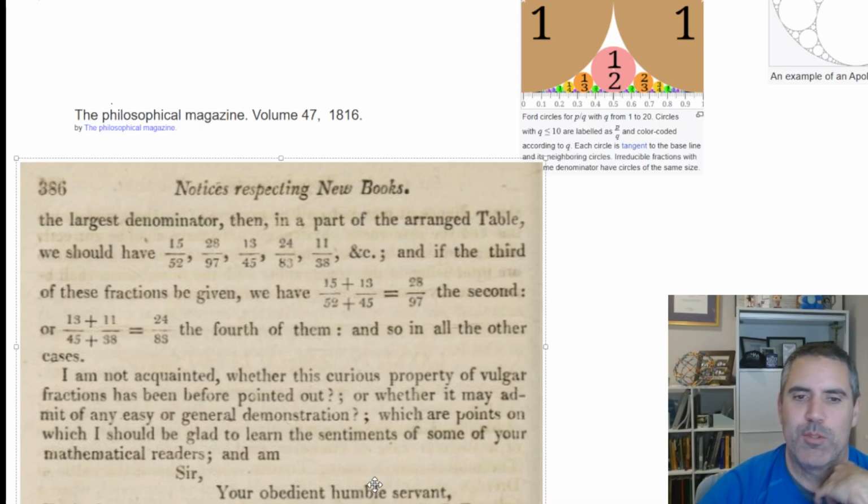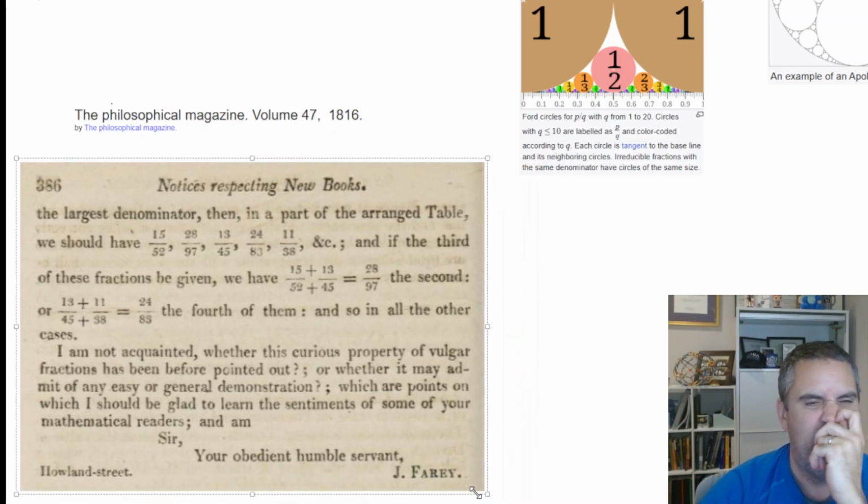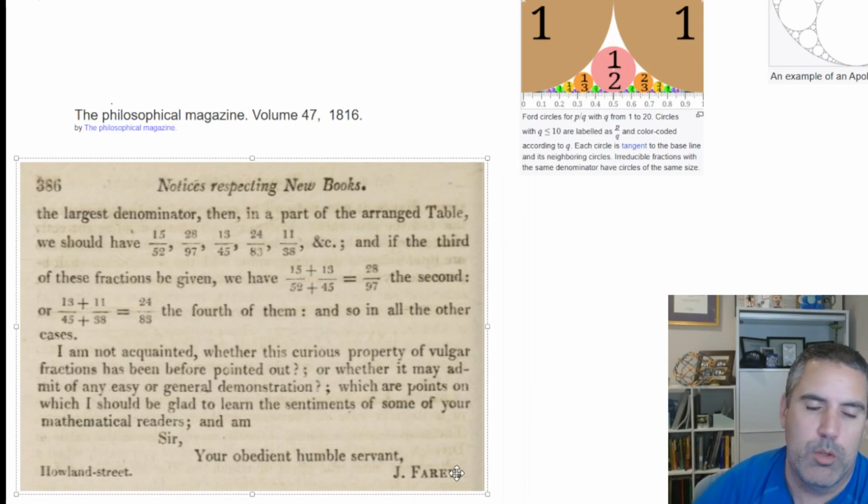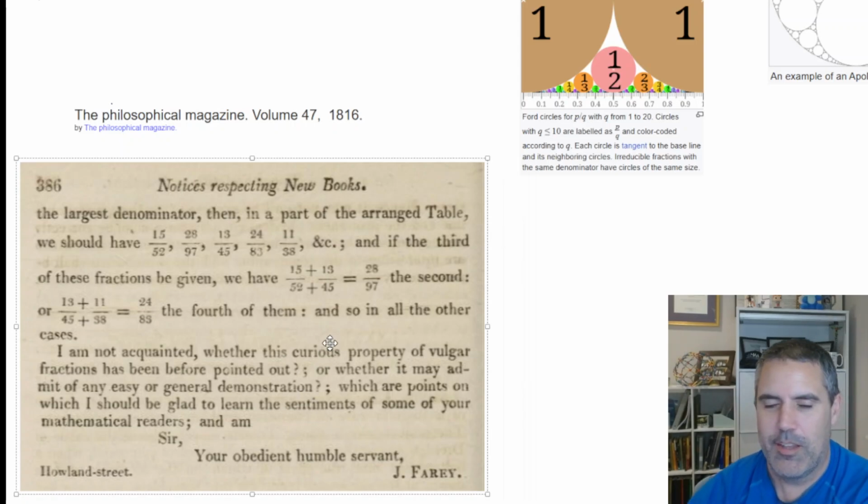Your obedient, humble servant. This mathematician, Cauchy, who was a French mathematician at the time, read that article, wrote about it, and attributed this fact to Farey. And that's why it's called Farey sequence, from that observation he made. Which is all right, I feel like, even if he didn't analyze it.